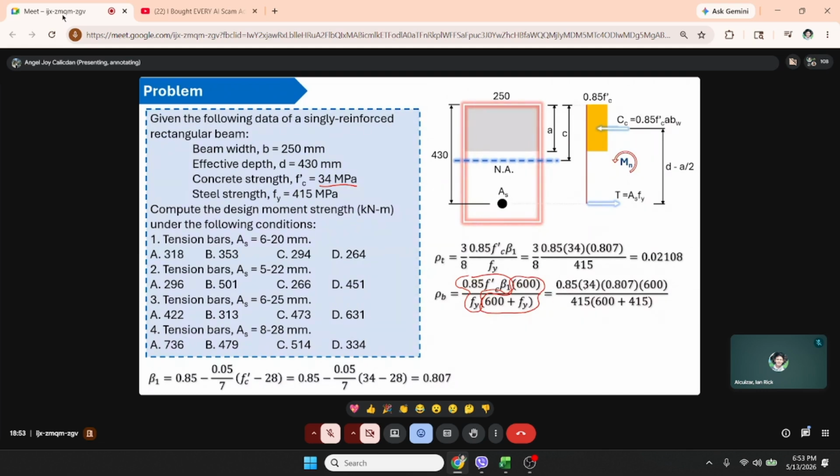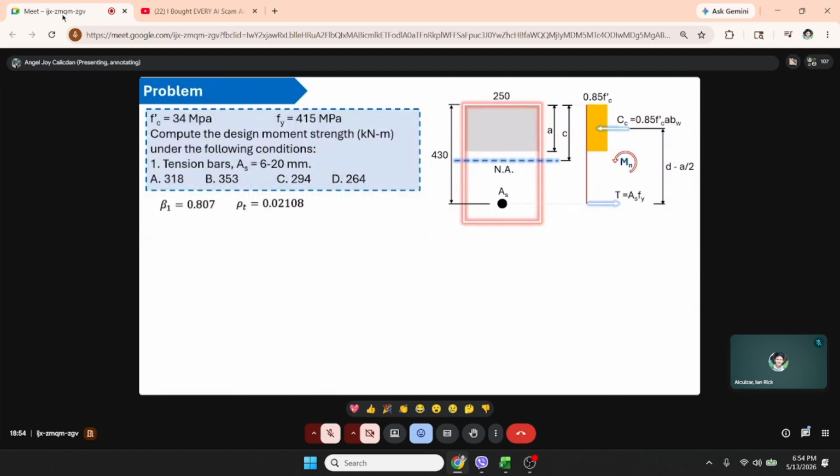So 0.85 times fc prime na 34 times beta 1 na 0.807 times 600 over fy na 415 times 600 plus 415. And we get our rho balance na 0.03323. So, copy lang nato ang values na nakuha.